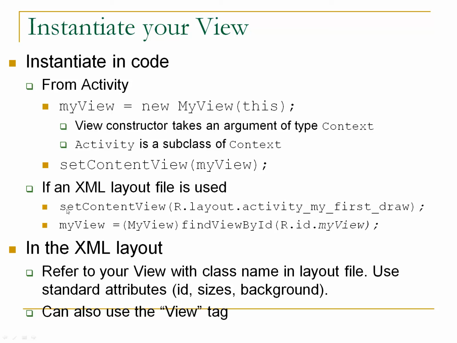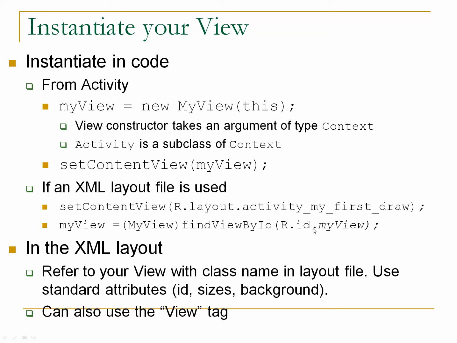Now, in the case where we do use an XML layout file, this should be very familiar to you. Nothing different here. In this situation, the view is actually contained in the XML layout file, and you can get a reference to the view in the normal way.